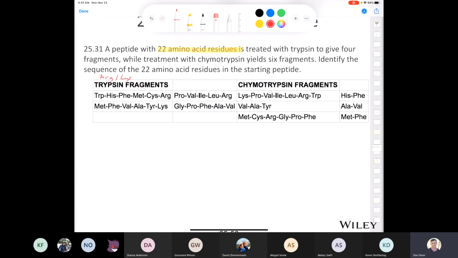Okay, so chymotrypsin cleaves on phenylalanine, and it cleaves on tyrosine, and it cleaves on tryptophan, TRP. Now that we have all those, if you look at the first residues, we have arginine, lysine, arginine. Hey, look at this, we have a valine.